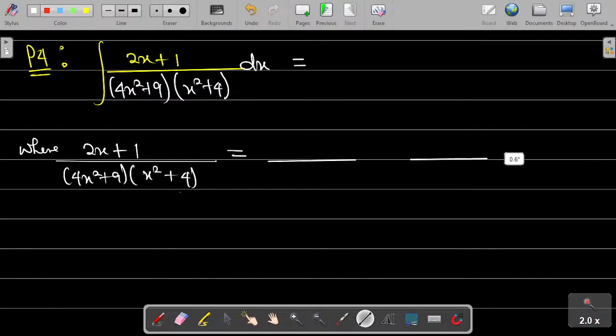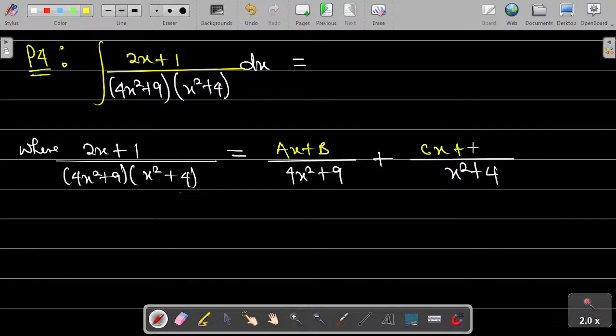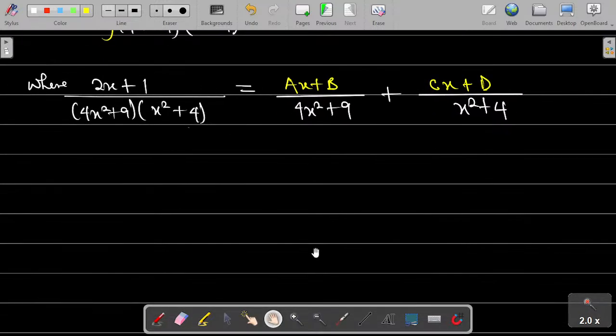The first will have a denominator of 4x squared plus 9, plus the second with a denominator of x squared plus 4. Being quadratic denominators, the numerators will be linear: ax plus b, and the other one cx plus d. This is what we were given.